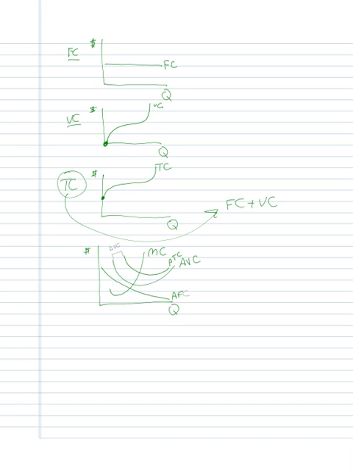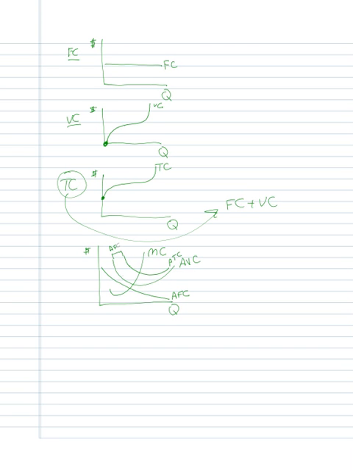Which then leads me to have my marginal cost, which is J-shaped, my average variable cost, my average total cost, and my average fixed costs. These are the general way that these graphs are shaped.